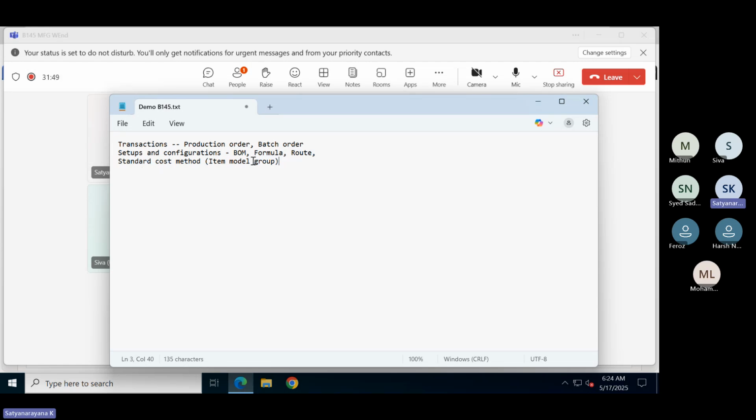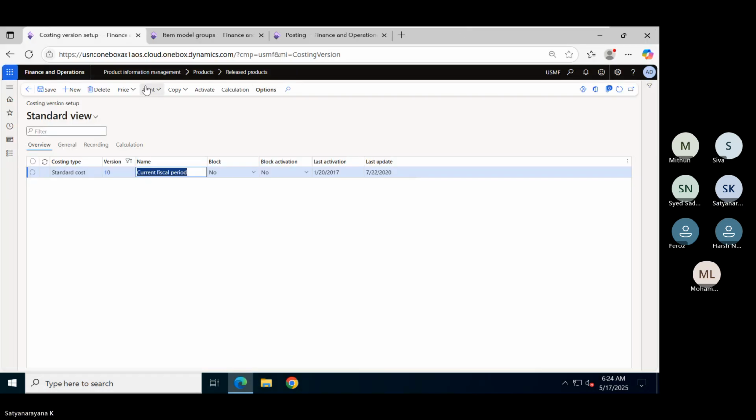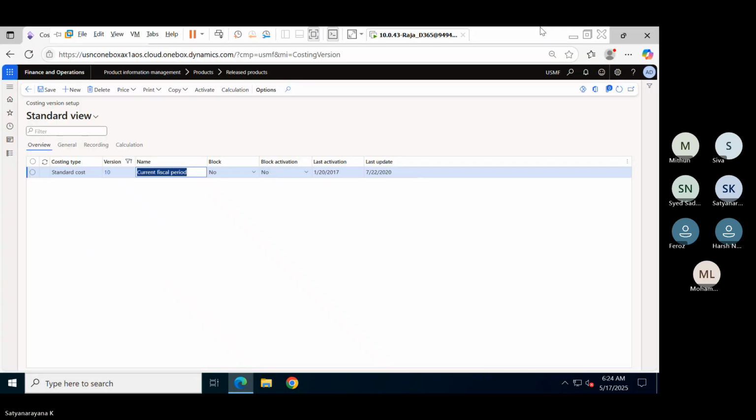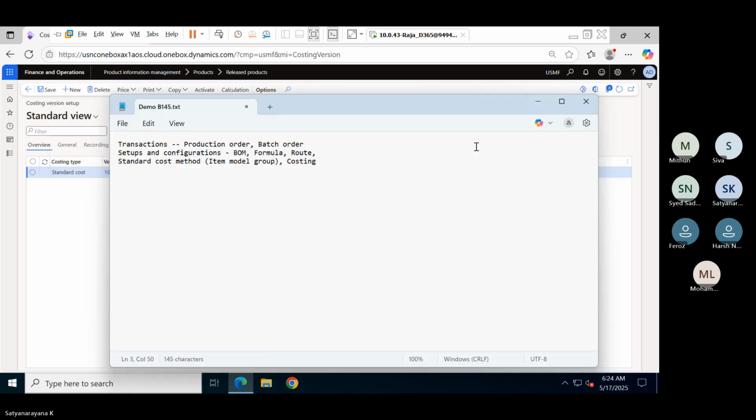This is designed for manufacturing process. So you are going to learn costing versions, and then you are going to learn costing sheet.